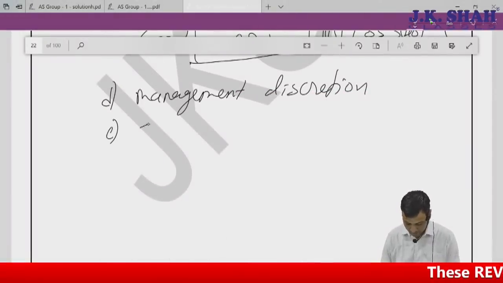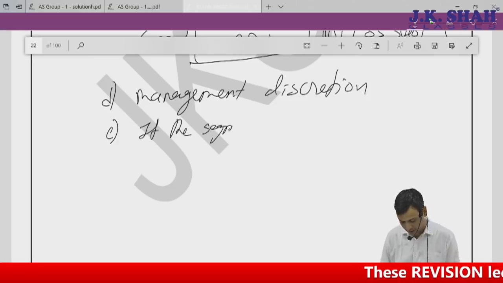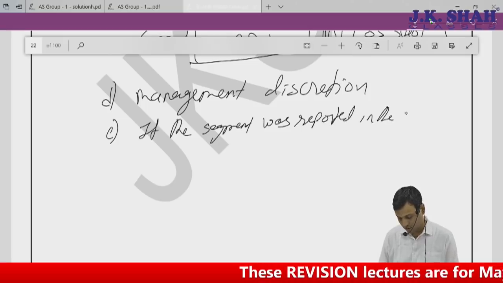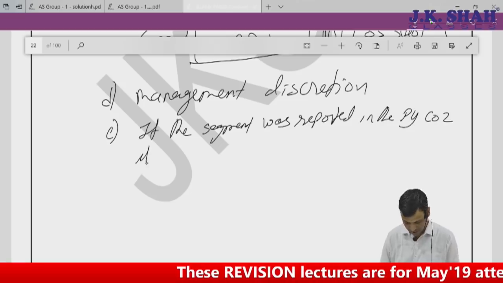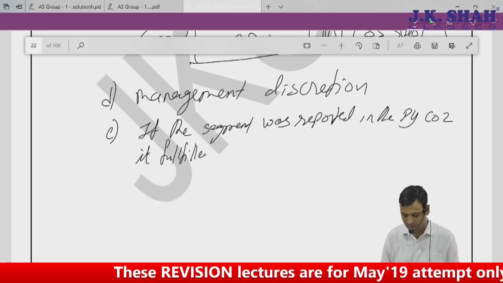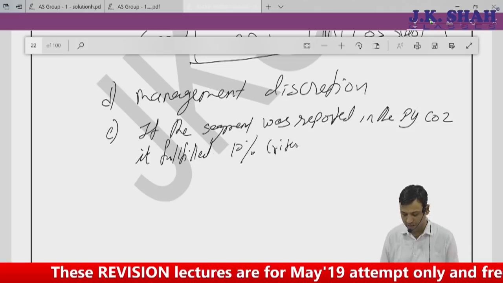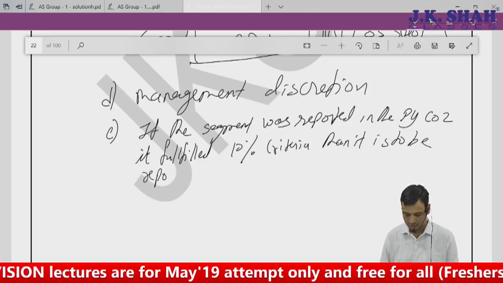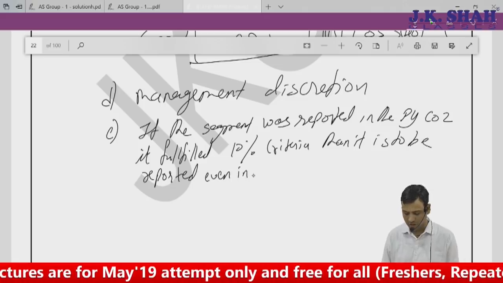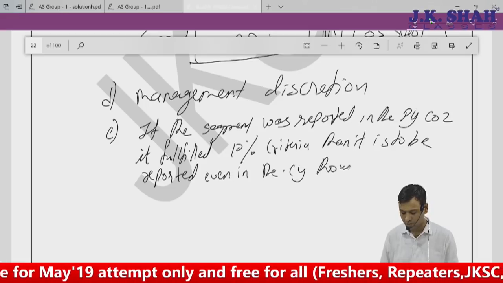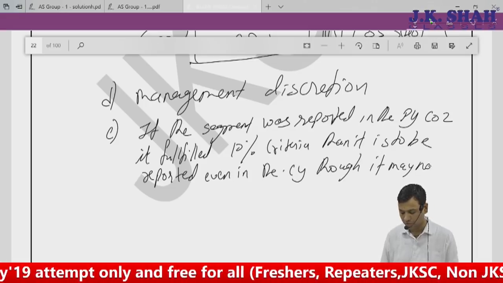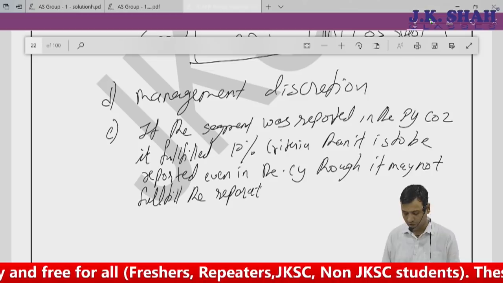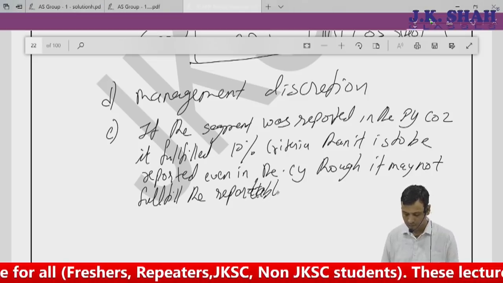Coming on to E. If the segment was reported in the previous year because it fulfilled 10% criteria, then it is to be reported even in the current year, though it may not fulfill the reportable criteria.